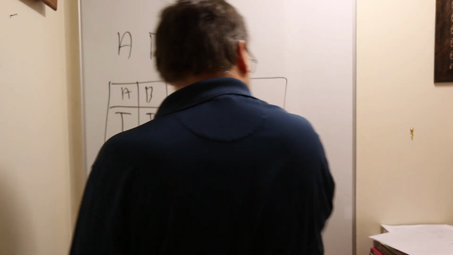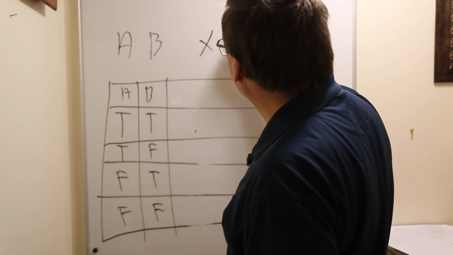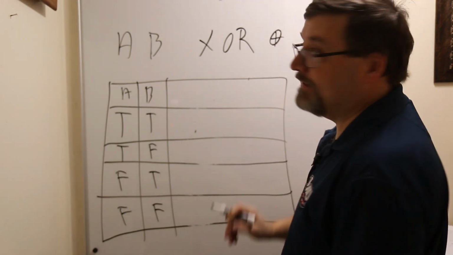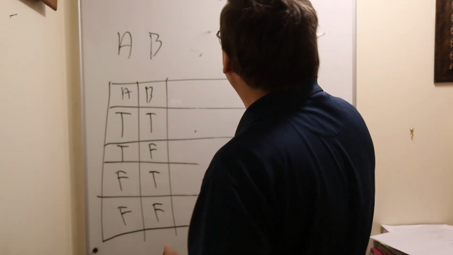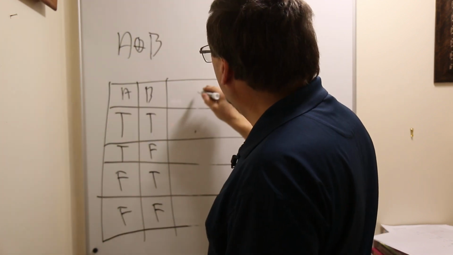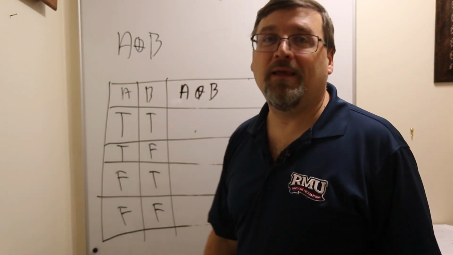Now, instead of OR, we could do XOR, which you'll see as XOR or a circle with a plus in it. XOR is called exclusive OR. So we put the circle and the plus, and we do A exclusive OR B. What this means is either but not both.